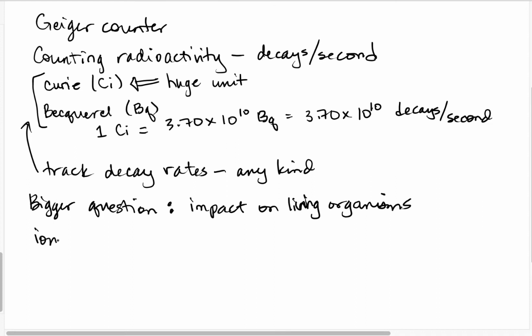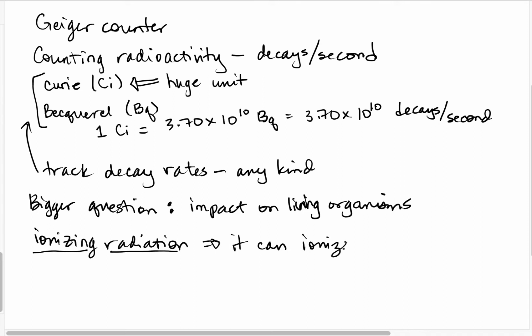So all of these have to do with ionizing radiation that we've mentioned a couple of times. And the reason why ionizing radiation is dangerous is because it can ionize your body. I mean, not your whole body. Usually, DNA is what we're concerned about inside any kind of living organism.